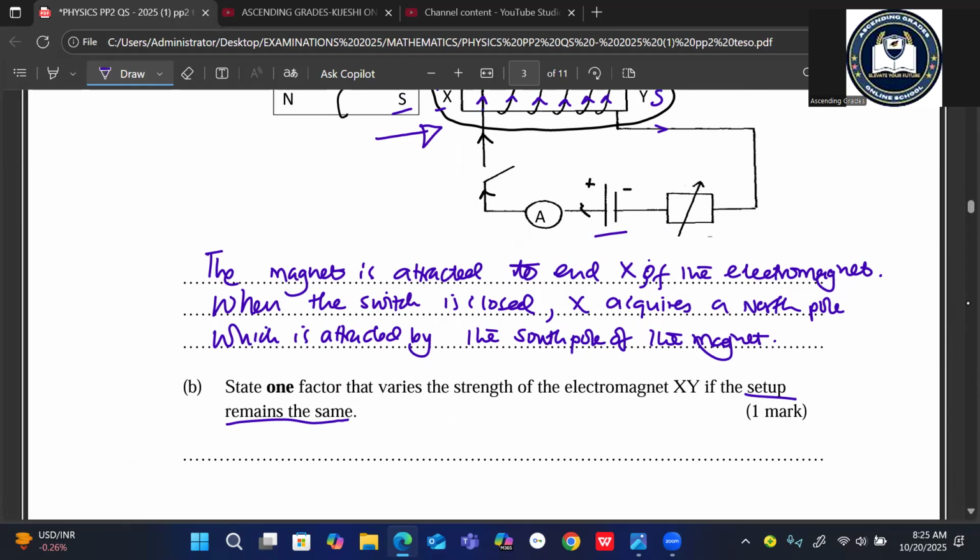But from this diagram, we have something that can be altered. If you look at the diagram well, this is a variable resistor. So what can we do with it so that we can change something? We can only alter the amount of current flowing.